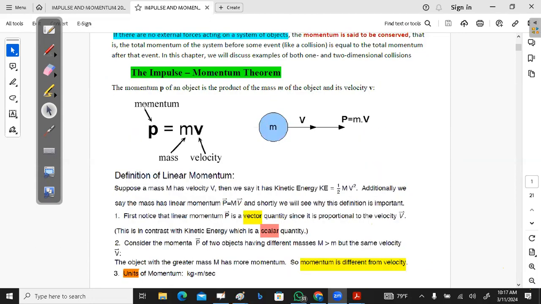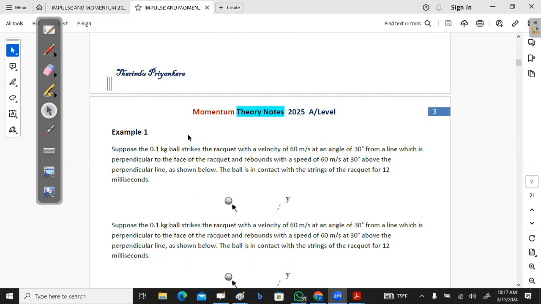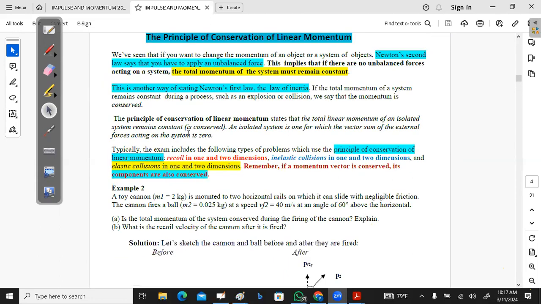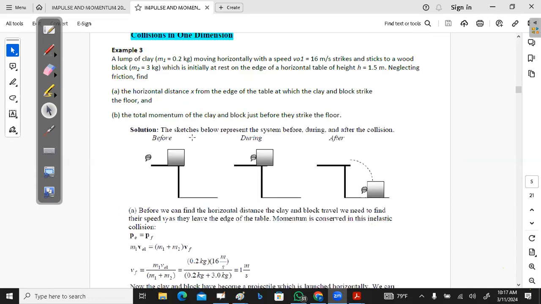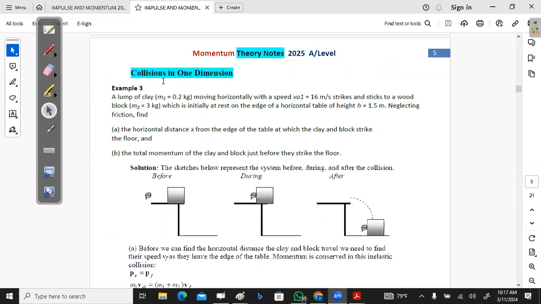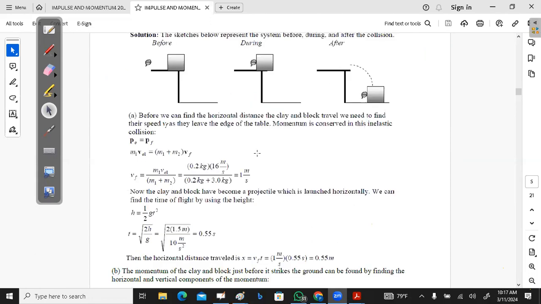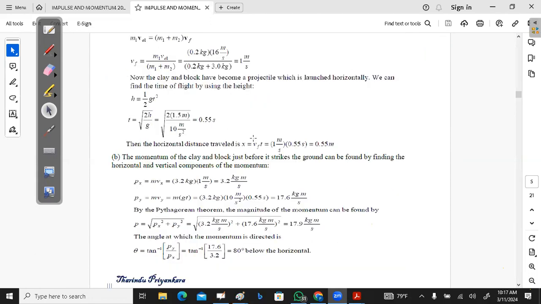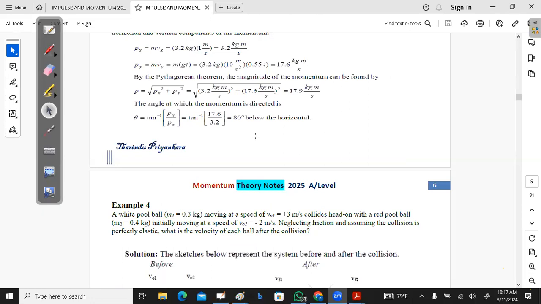So far, the theory we learned is really important to understand, like the change of momentum. You may try to read it. That's really important. If you can read this and collisions in 1 dimension and try to understand, I'm pretty sure only like 10% of the students can understand by reading this.